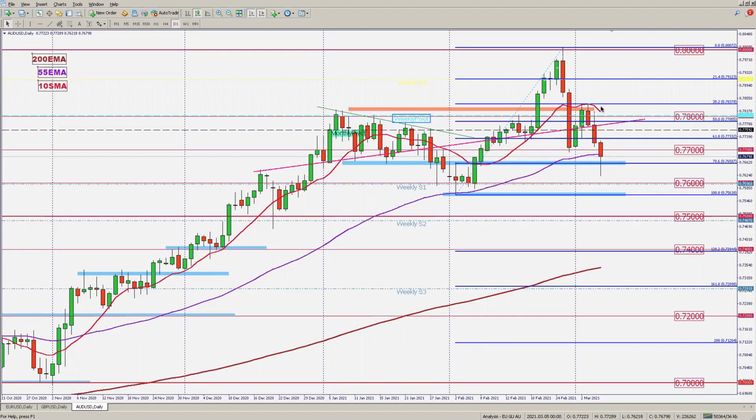And after testing the 38 retracement, it fell just like the others, but this time down to the 78.6 retracement area below 0.77 and just closed below the 55 EMA.